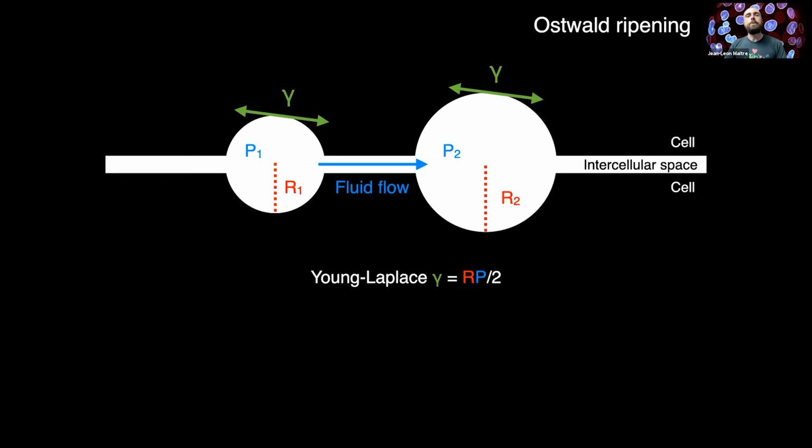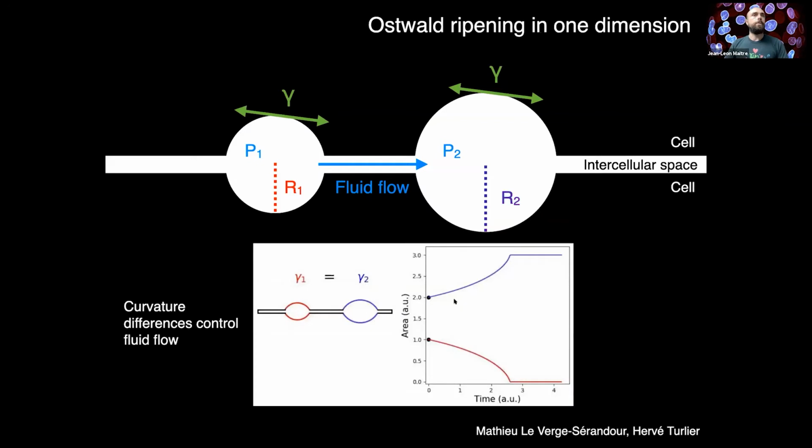And so taking this analogy, we could imagine that we would have several microlumens connected to each other by the intercellular space, and they could exchange fluid based on this Laplace law. And so you can build a simulation, and we did that in collaboration with the lab of Hervé Turlier at the Collège de France. And here you can see that you have two microlumens, and the small one will empty itself into the large one.